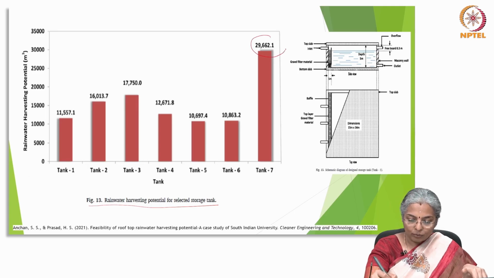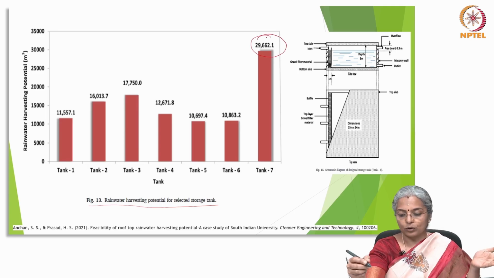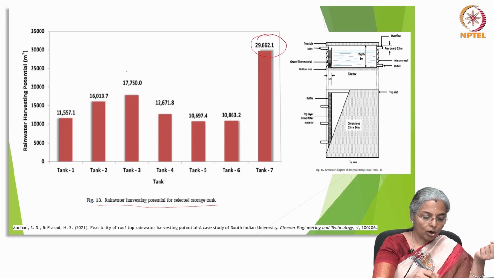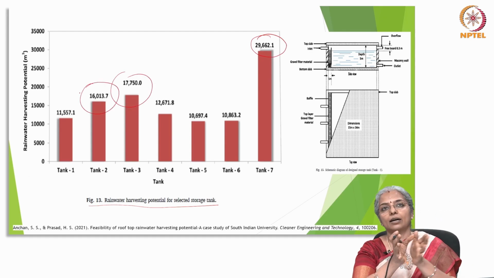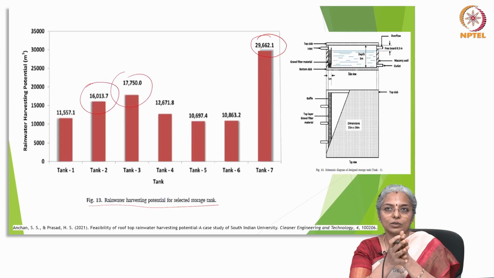There was tank 7 which could store a lot of water, up to nearly 30,000 meter cube, along with tank 3 and tank 2 amounting to approximately 17,000 to 16,000 meter cube of water.